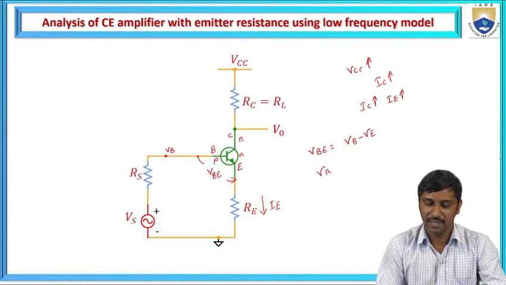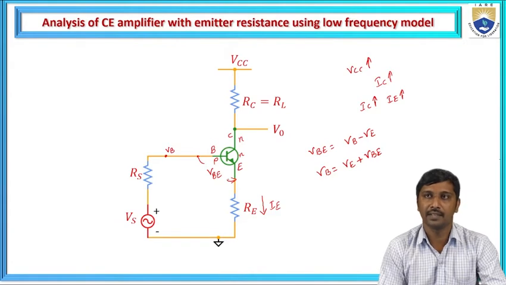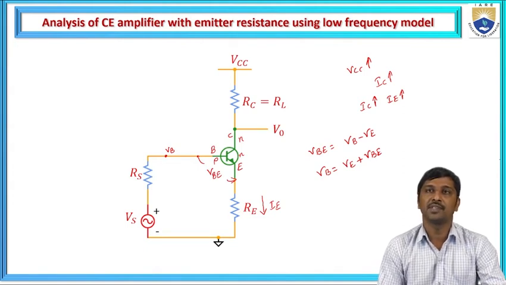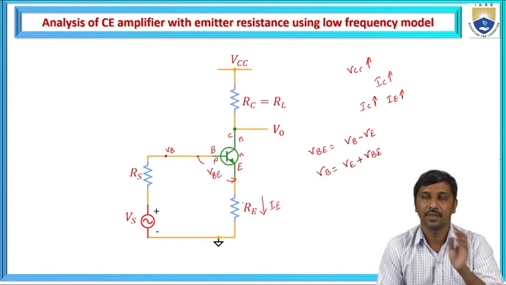If you want to write the base voltage, from the circuit we can write VB equals VE plus VBE, means the voltage drop across the emitter resistance along with the potential difference between base and emitter terminal. And this emitter resistance can be used to stabilize the Q point in terms of the biasing voltage and in terms of the temperature dependence parameter.